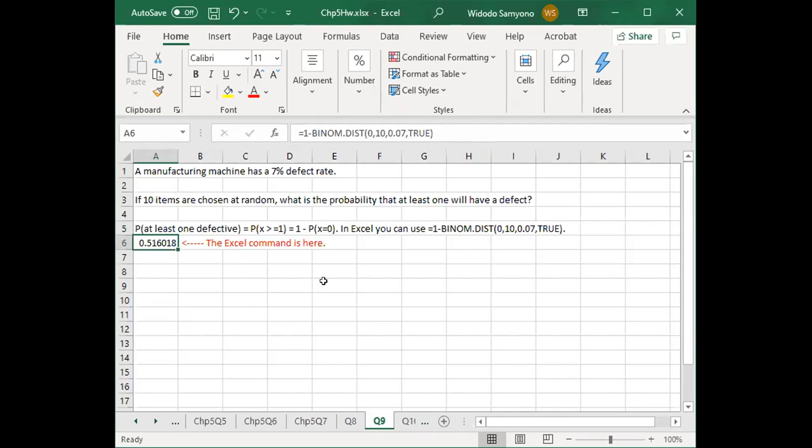Yes. Okay, so in your problem you still have 0 here, but now you need to change the total to 3 because you have 3 atoms, right? And then the probability will be 0.03, and you have to put true because you're looking for the cumulative probability.